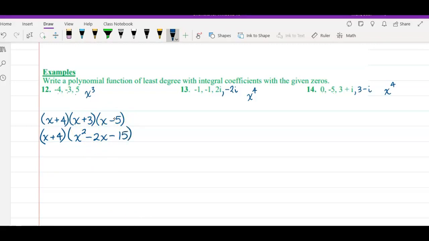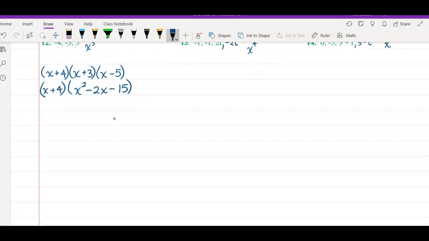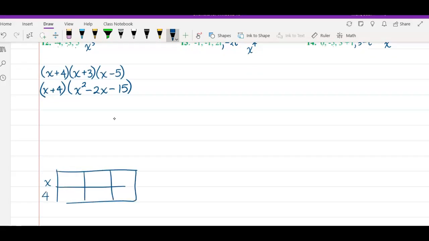Next, I probably would want to box this to get my final answer. So I'm going to go out into my margin here, x plus 4 boxed with x squared minus 2x minus 15. Gives me x cubed minus 2x squared minus 15x, 4x squared minus 8x minus 60.